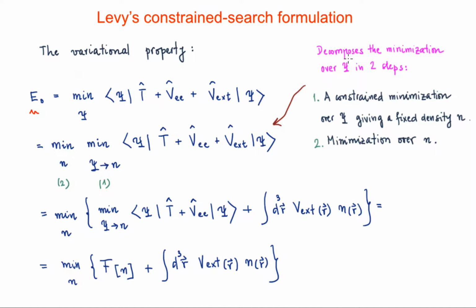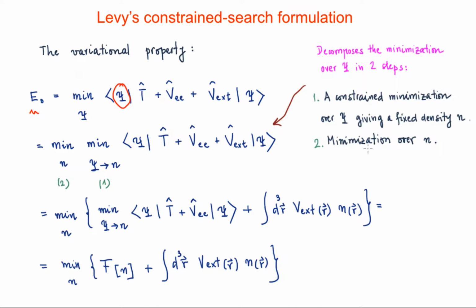Now, this minimization over the wave function we are going to decompose in two steps. First, we do a constrained minimization over the wave function given a fixed density n. So we fix the density n and minimize with respect to the wave functions that have that density. And second, we minimize with respect to n.